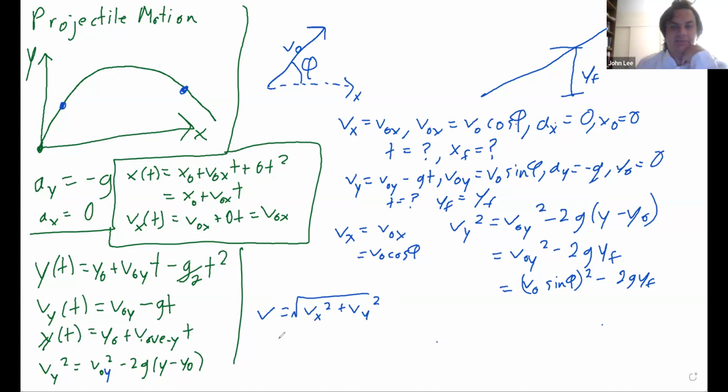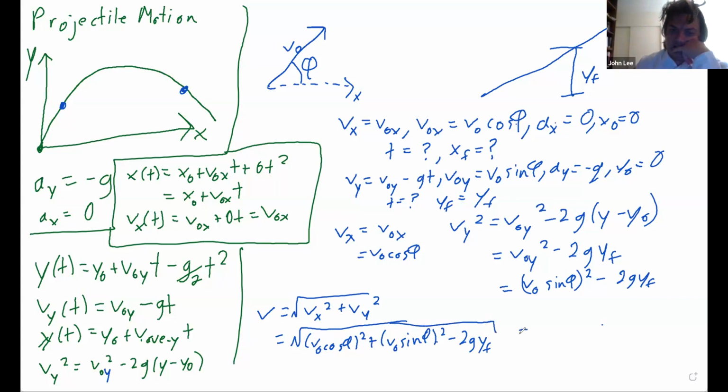And this is going to give you the square root of v naught cosine phi squared plus v naught sine phi squared minus 2g yf, which is equal to the square root of v naught squared minus 2g y final.